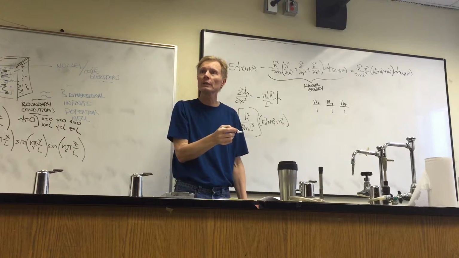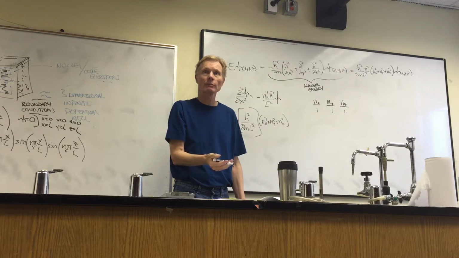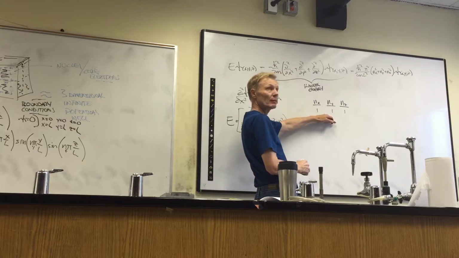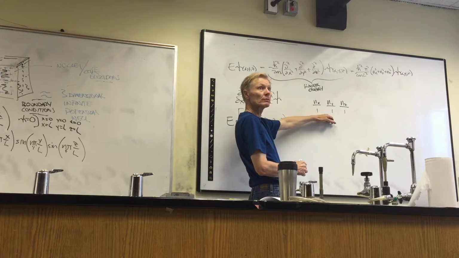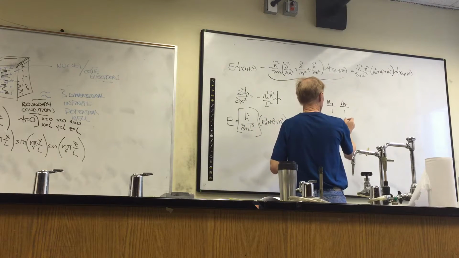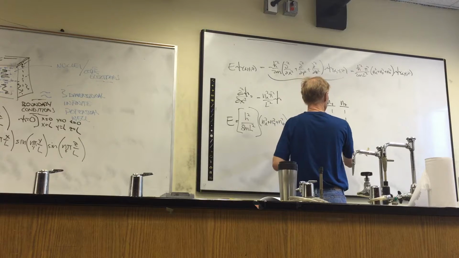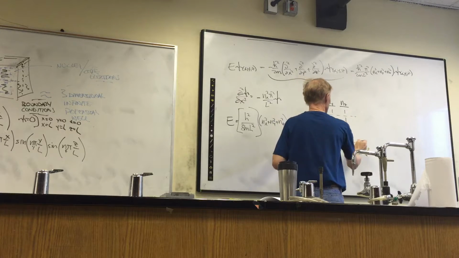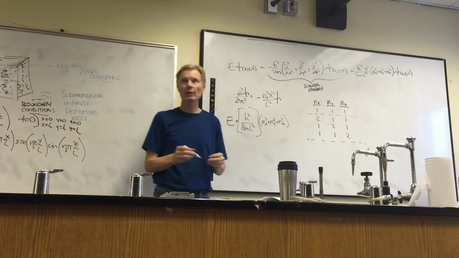That would be the ground state. What would be the next excited state above the ground state? Well, I could have 2, 1, 1, or 1, 2, 1, or 1, 1, 2. That's 3 separate quantum states, but they would all have the same energy.